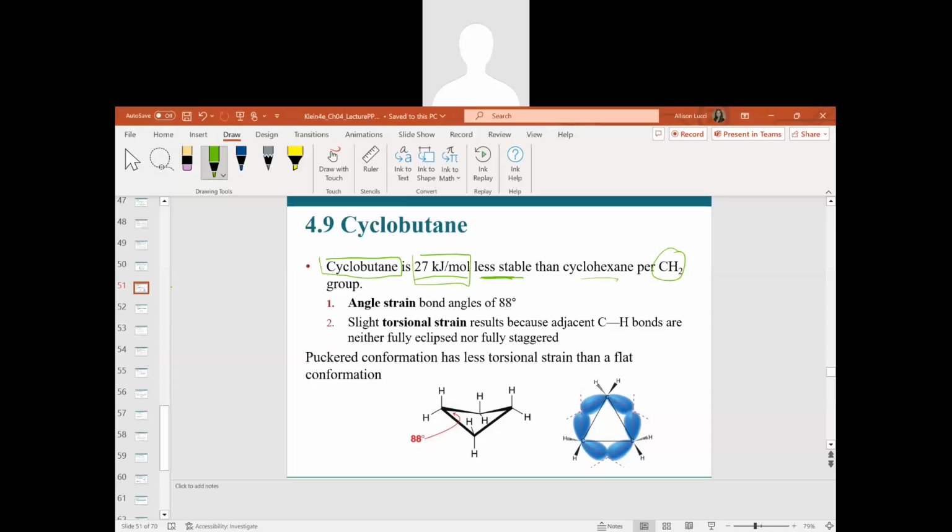The reason for this is both angle strain, where we have this 88-degree angle that's not that 109.5, and also some torsional strain, because these bonds are not fully staggered or eclipsed. So there's an intermediate torsional strain, not as much as an eclipsed structure would have. But we can see that this puckered conformation shown down here is not flat, and it would have less torsional strain. The angle strain doesn't change too much, but the torsional strain will be reduced.